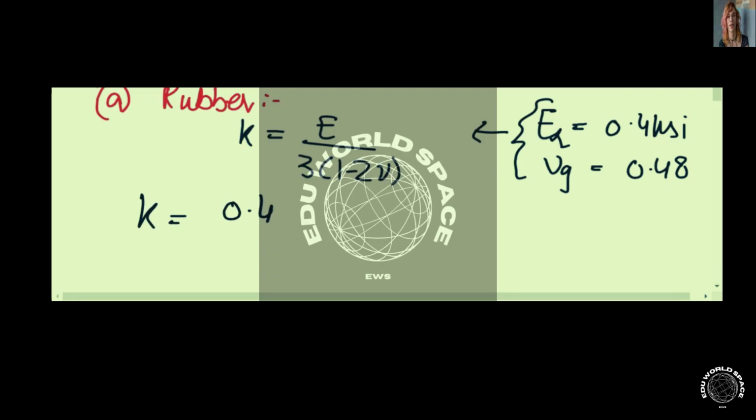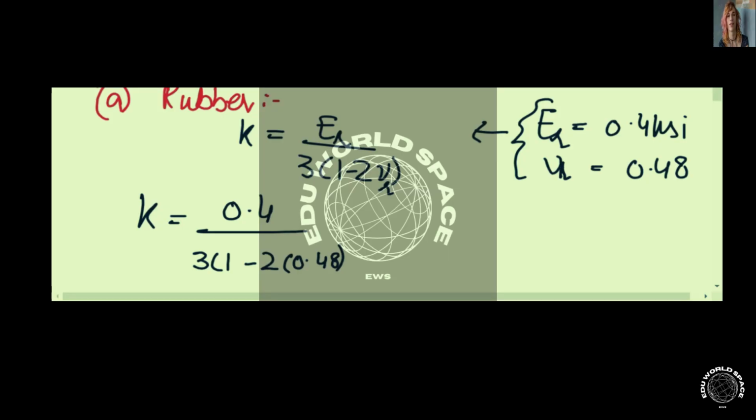So I'm just going to substitute these values over here, and we'll have our answer. So 0.4 divided by 3 into (1 negative 2 times 0.48), right? And for rubber, it would be E sub r and epsilon sub r. My mistake, it's not g, it's r.